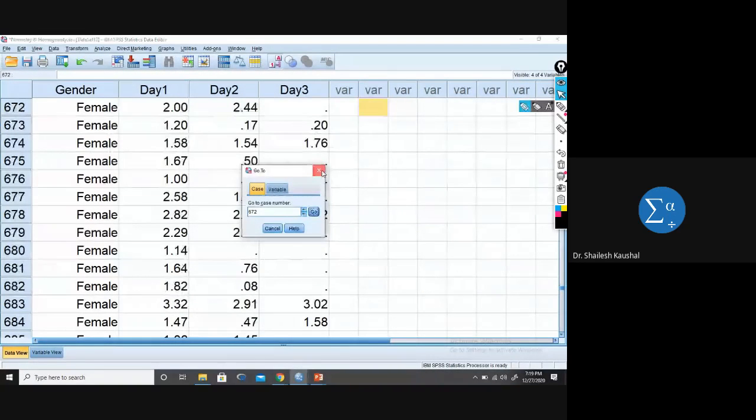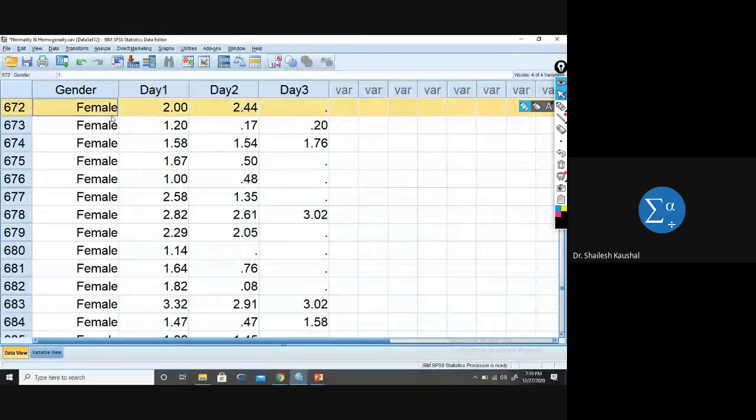After Go, we find this 672. Now I have corrected it. Earlier the value was 20 like this. So I have corrected it. Now the output.